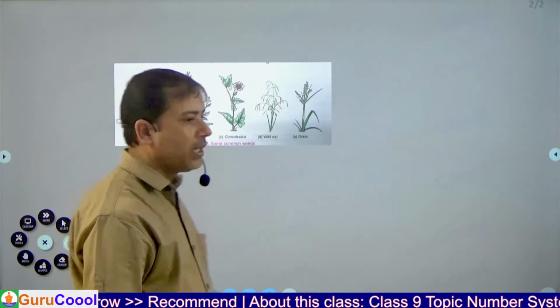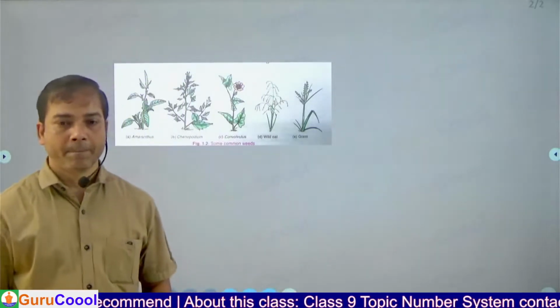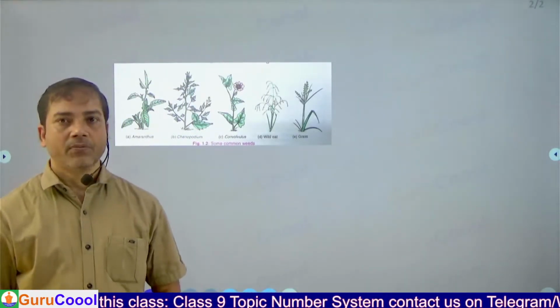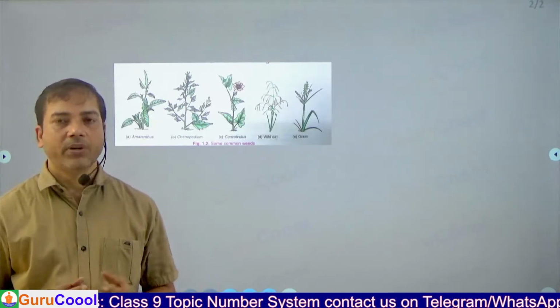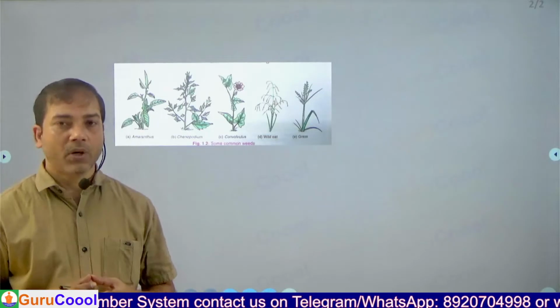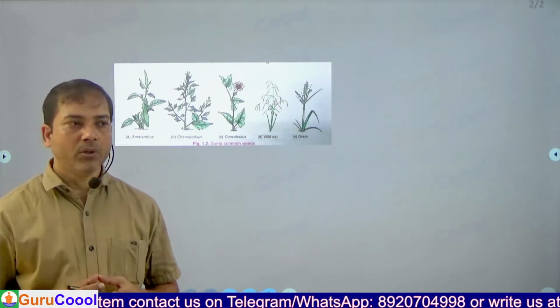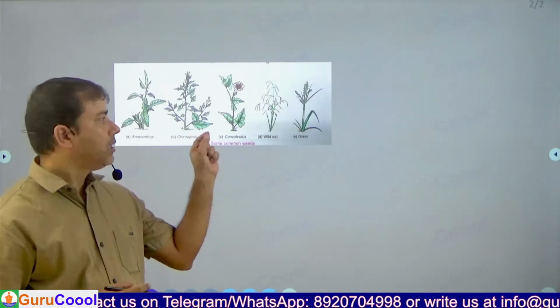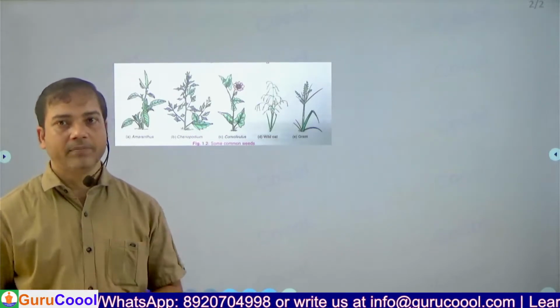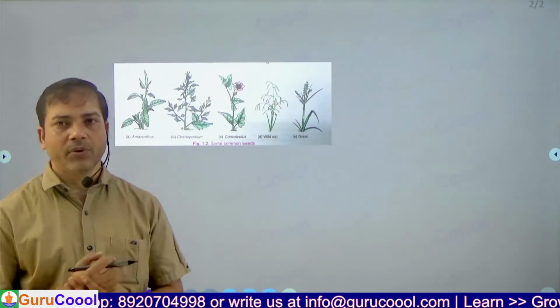So how to get rid of these plants? To get rid of these unwanted plants, farmers use different processes. If your farming land is very small and you can afford removing these plants one by one manually by hand, some farmers can afford it.